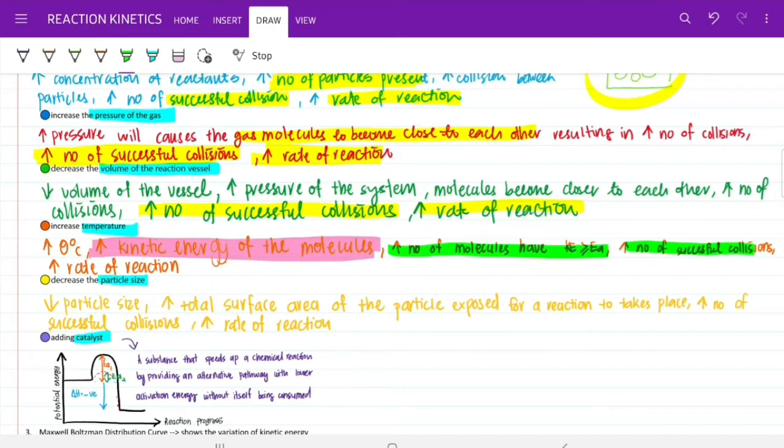Smallest particle size means it has the largest total surface area. It means it will have a larger exposed area for the reaction to take place, leading to a higher number of successful collisions, leading to a higher rate of reaction. So that is what happens when you reduce the particle size.